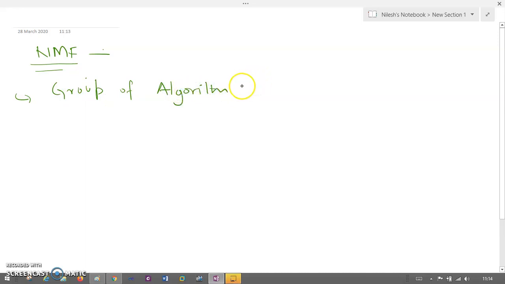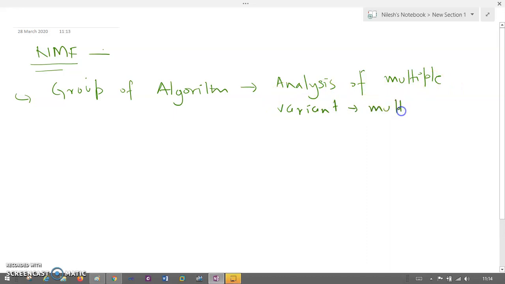So non-negative matrix factorization, NMF, is a group of algorithms that is used for the analysis of multiple variables, or we call it multivariate analysis. I'm sorry for not using that word, multivariate.